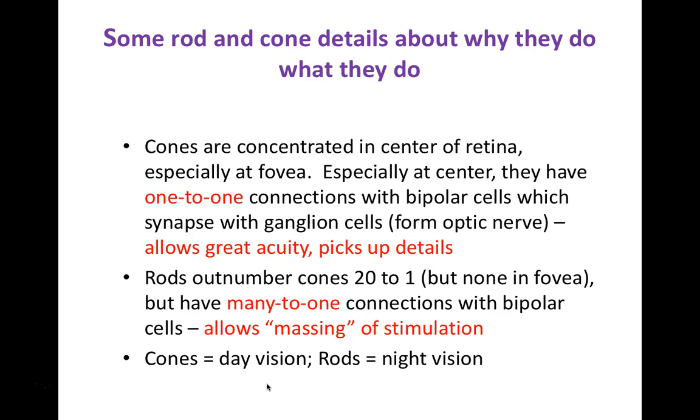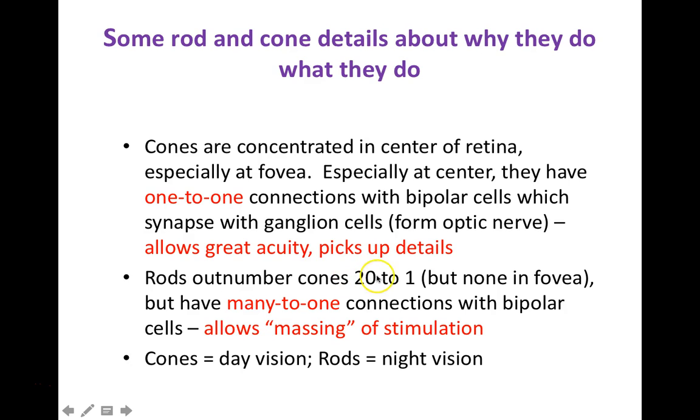So that allows great acuity. It allows us to pick up details. Each piece of information in the visual detail, when it's daylight, is basically communicating uniquely to a cone. So we can get a lot of detail because each piece of detail has its own connection with the bipolar cells, which is eventually going to get that information to the occipital lobe, the visual cortex.